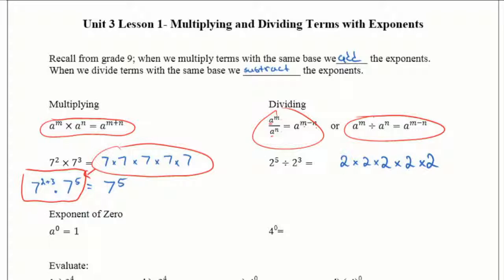And then I'm going to divide by 3 2s. 1 times 2 times 3. Now, there's 2 to the 5 divided by 2 to the 3. This 2 divided by this 2 is just going to give me 1. This 2 divided by this 2 is just going to give me 1. And this 2 divided by this 2 is just going to give me 1. So what I'm going to be left with is 2 to the power of 2.